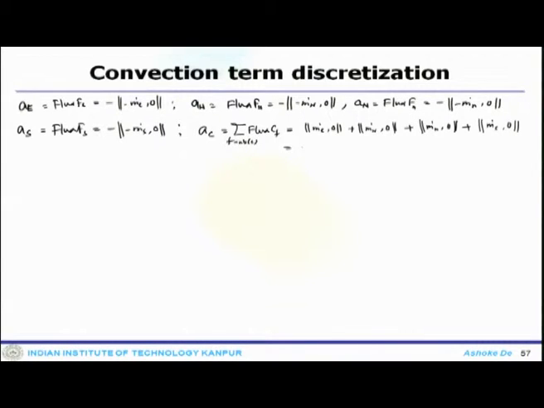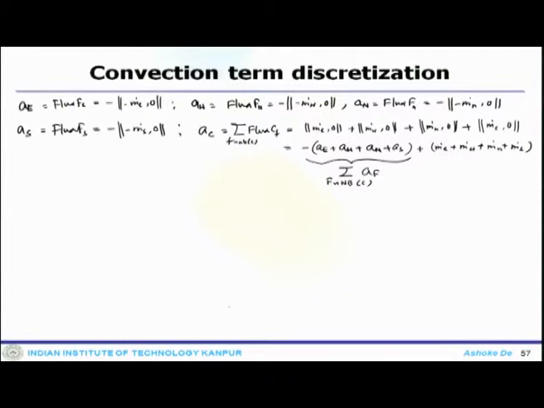So, with a minus sign, that is A_E plus A_W plus A_N plus A_S, plus m dot E, m dot W, m dot N plus m dot S. This essentially gets you back a coefficient which you can think of as the sum over neighbor cells, capital A_F. So that is how you get it when you use the upwind scheme.